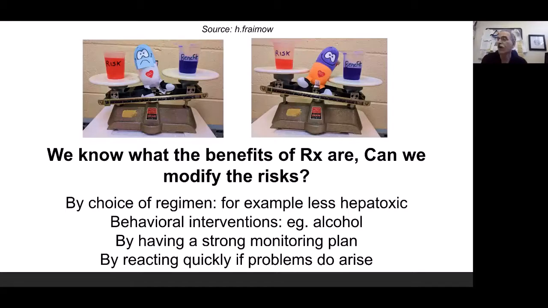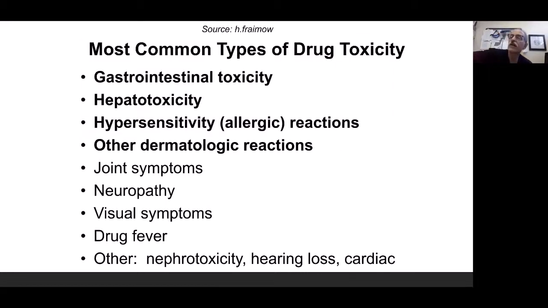Now you have the theoretical basis for monitoring for adverse events. Let's talk about the most common types of drug toxicity that we deal with. The top four are the ones that I'm going to spend most of the time on, but there are others that we'll also mention and may or may not have time for cases on.